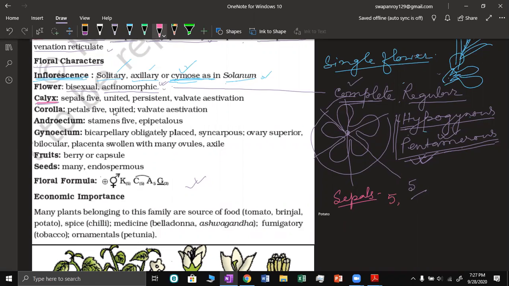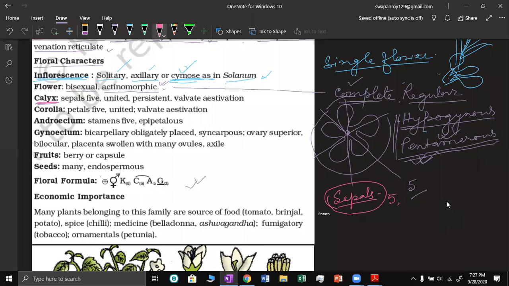And in the family Solanaceae, one very important feature is that their sepals do not fall. They remain even in the fruit.